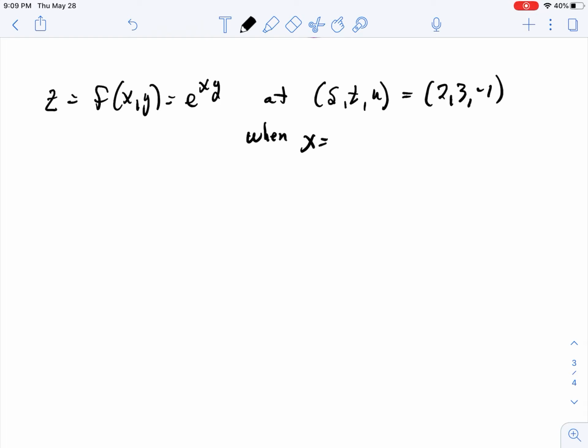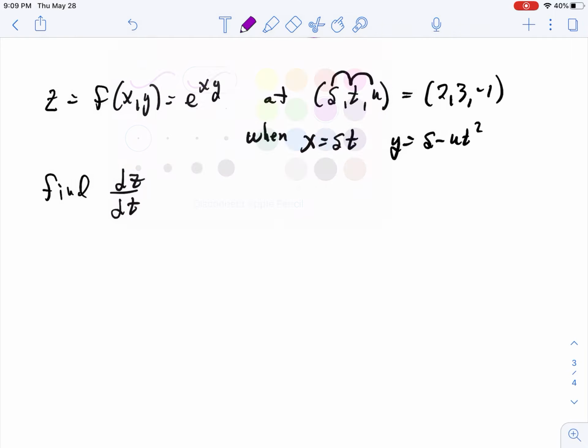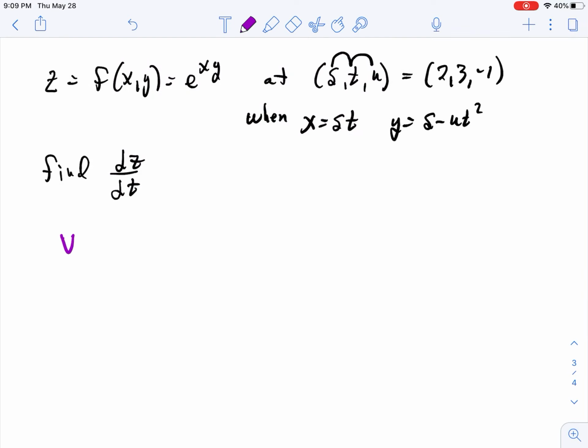I want to do this when x is st and y is s minus ut squared. So notice the pattern: stu for the pattern of like x, y, and z. I want you to find dz dt.